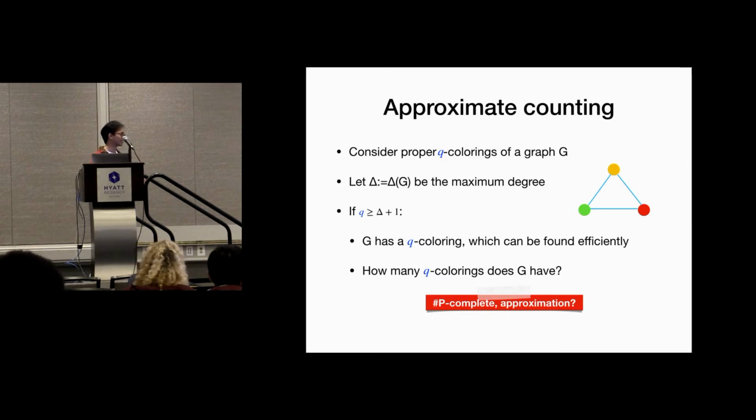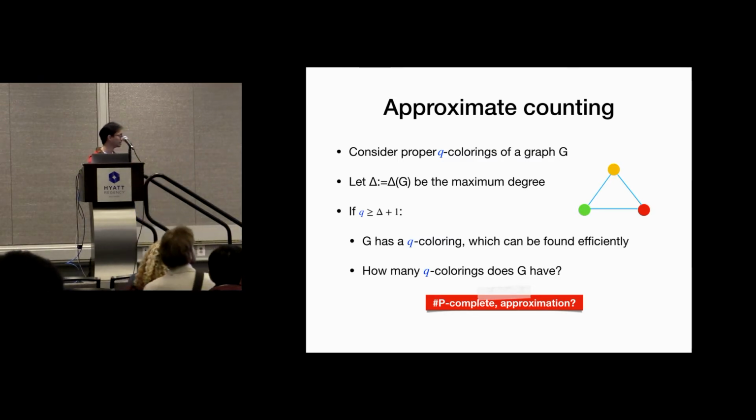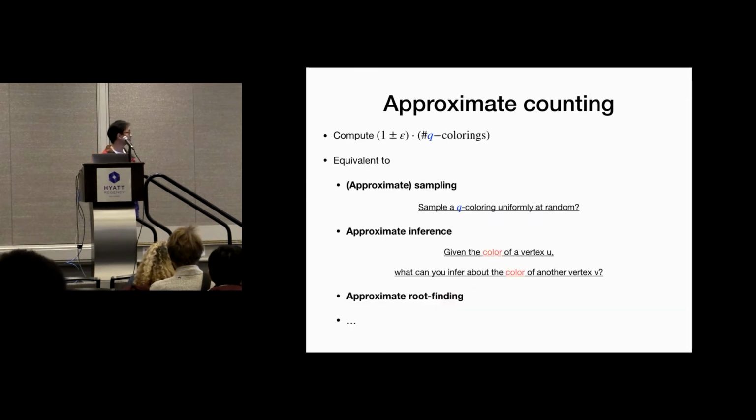But then a natural question would be, how many Q-colorings does the graph have? This is a well-known #P-complete problem, so we'll look for an approximate answer. More precisely, we will be looking for a multiplicative approximation to the number of Q-colorings of this form: 1 plus minus epsilon times the number of Q-colorings.